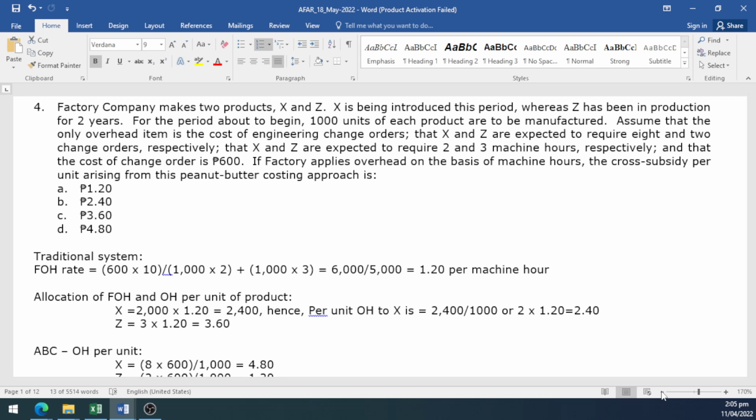Sa traditional, nangyayari ang cost distortion. Nangyayari ang tinatawag na cost cross-subsidization. Product cost cross-subsidization. Miscosting of one product resulting to miscosting of another product. Kasi lumilipat yung cost. Namali yung isa, namali din yung isa.